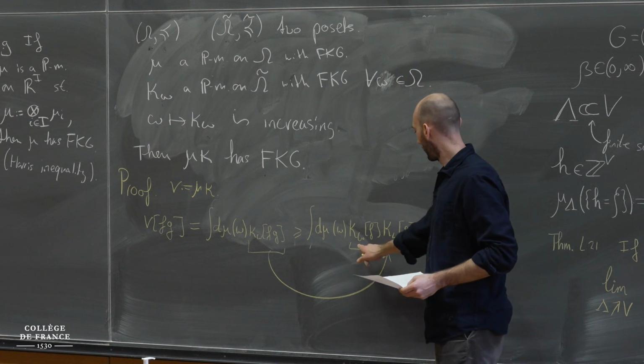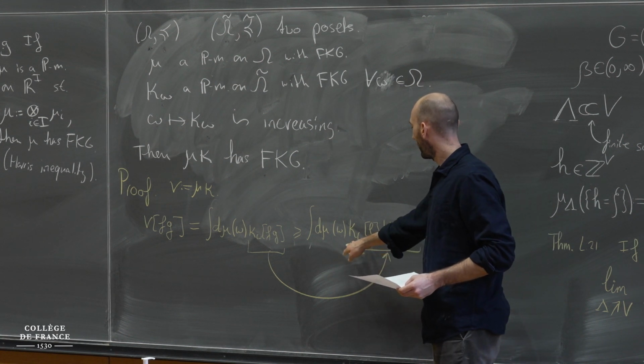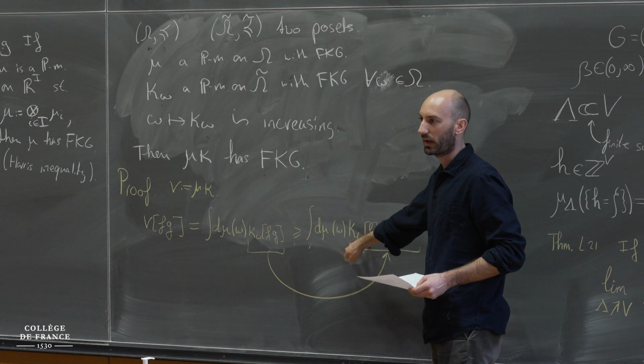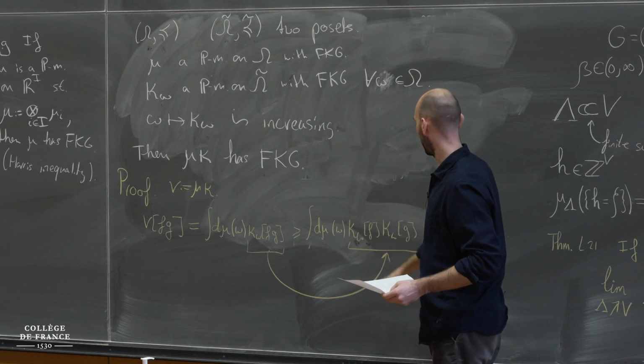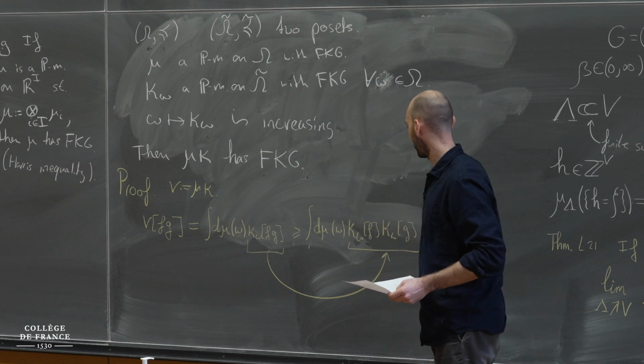But now we can ask, what is this? This is actually an increasing function of omega, by my definition, well, I have here this stochastic ordering. So if I increase omega, this thing is going to be bigger.